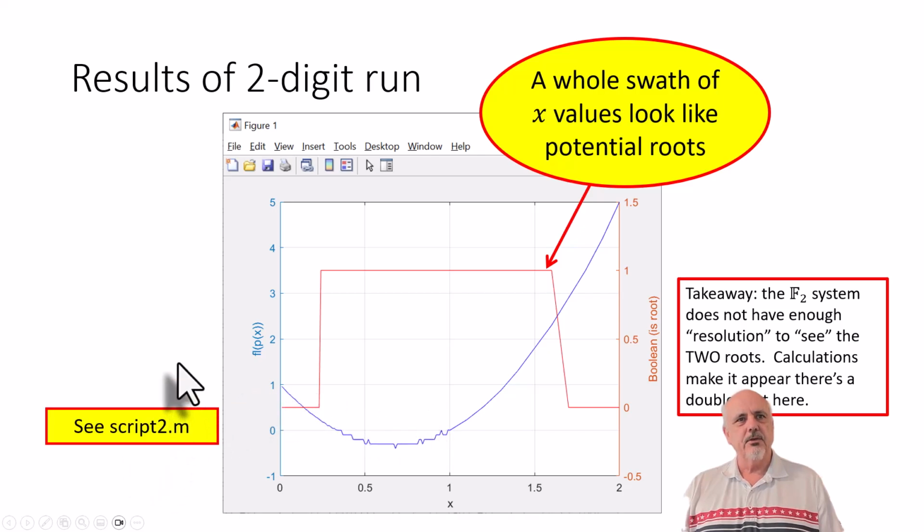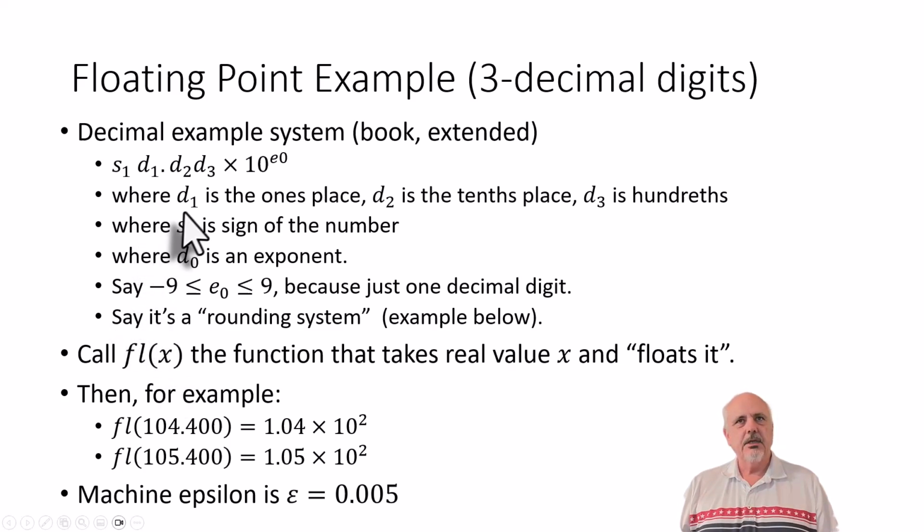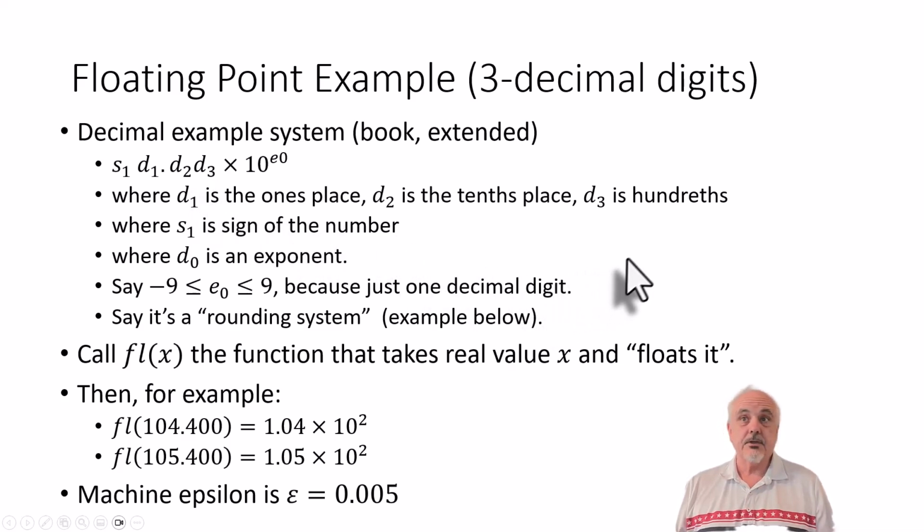So I've got the script2.m if you want to look at that. So let's say we added more resolution and added another digit, a 3rd digit in our system. So now we're extending what we had earlier, and we're adding a D3, and that's going to be our hundredths place. Everything else is the same. For example, if I take 104.4 and I float it with the 3-digit system, I'm going to get 1.04 times 10 squared.